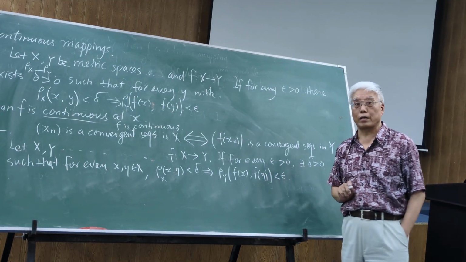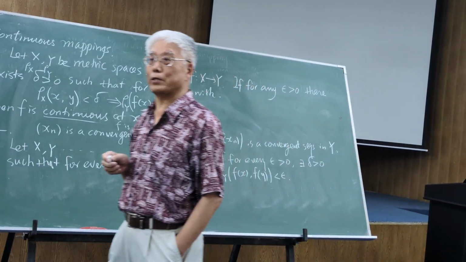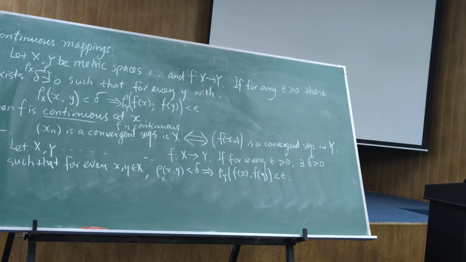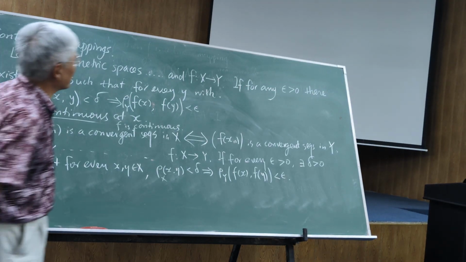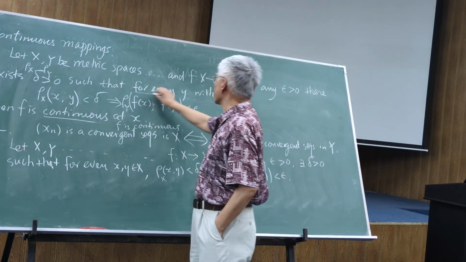Even in epsilon delta language, these 2 definitions look very similar. Where is the crucial difference? This is independent of point y. The second one is independent of the point, but the first one depends upon y. Yes. In the first one, x is not quantified, y is quantified.